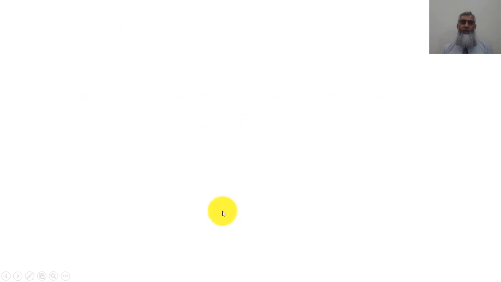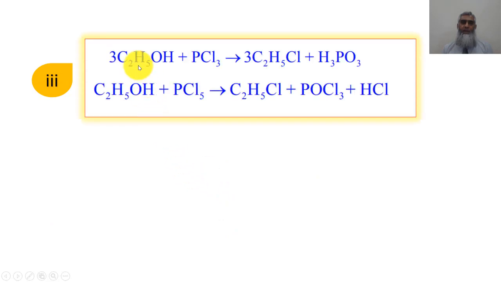Number 3, reaction of ethanol with phosphorus pentachloride. Ethyl alcohol on reaction with phosphorus pentachloride will produce ethyl chloride, phosphorus oxychloride and HCl.